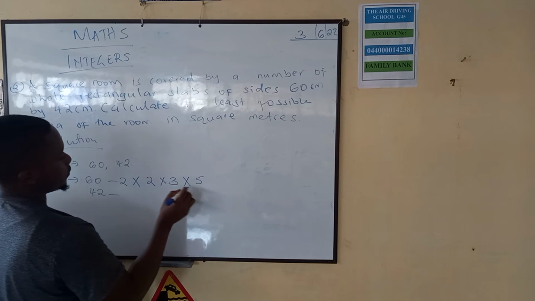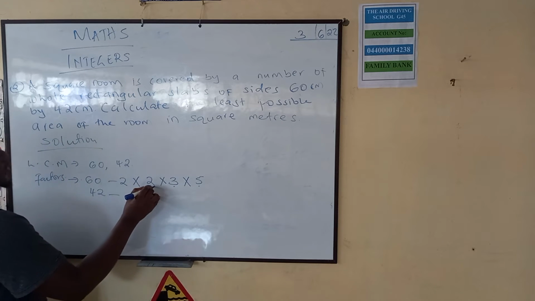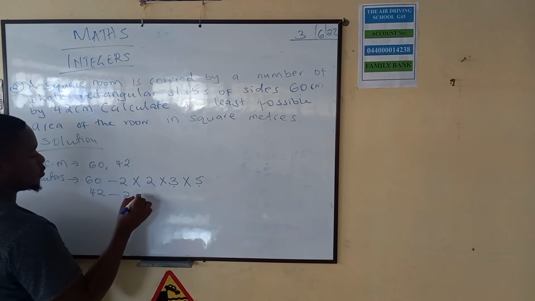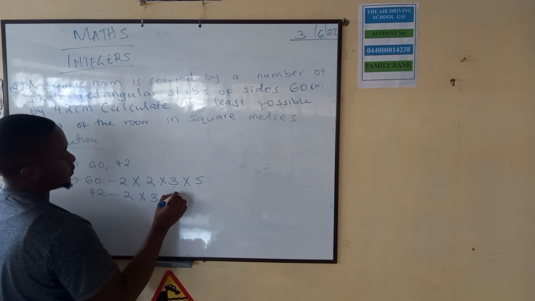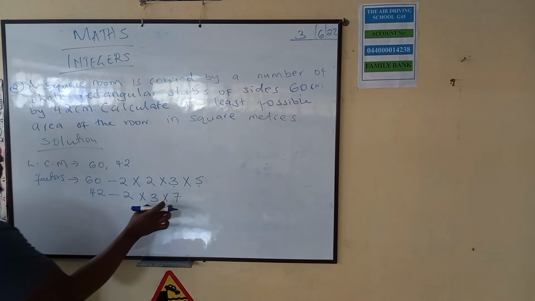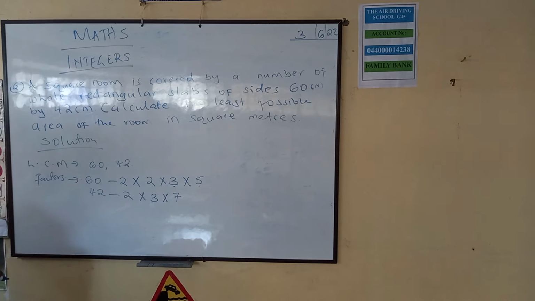Let's confirm this. 3 times 5 is 15. 15 times 2 is 30. 30 times 2 is 60. Correct. Let's move on to the next one: 2 times 3 times 7. Let's confirm it. 7 times 3 is 21. 21 times 2 is 42.